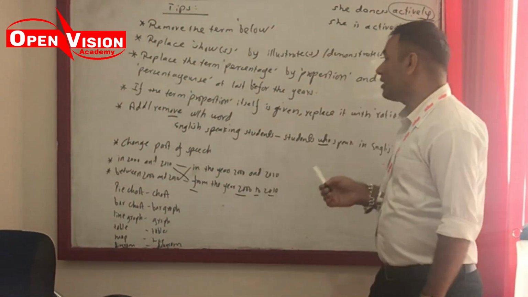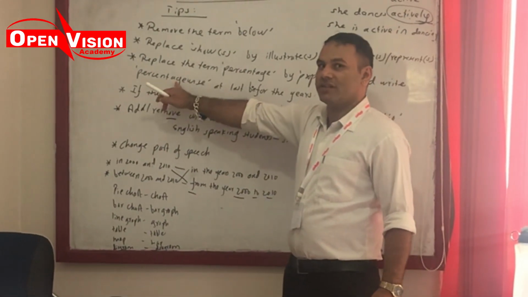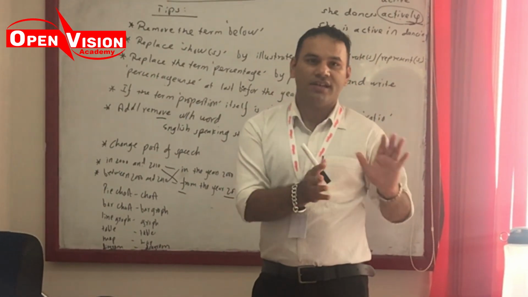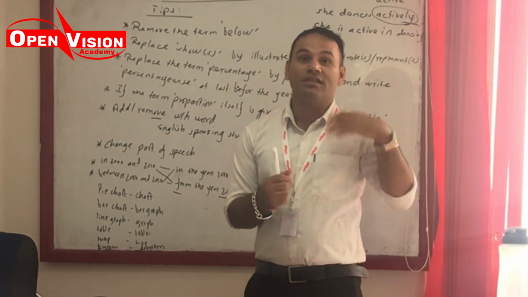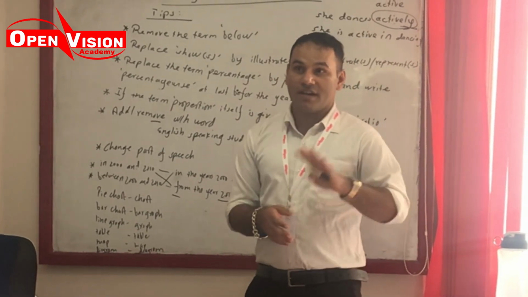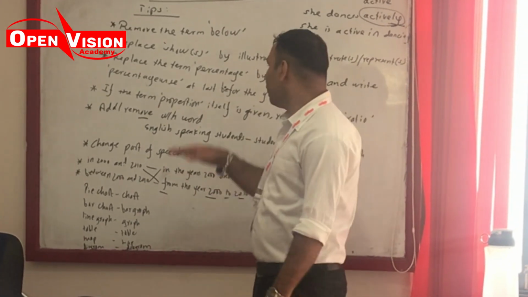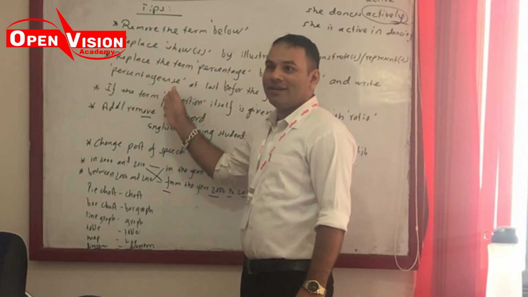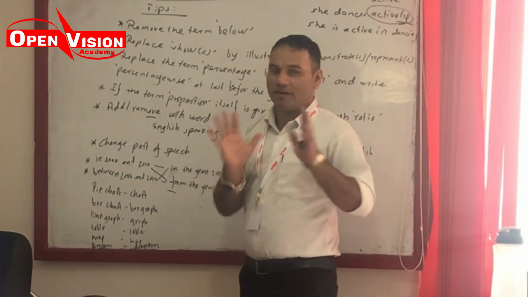You can use percentage wise wherever you like, no problem. If you have confidence that your sentence is grammatically correct, fine, but if there is doubt whether the sentence will be grammatically correct or not, add the term percentage wise before the years, so that there will not be any threat of grammatical error.